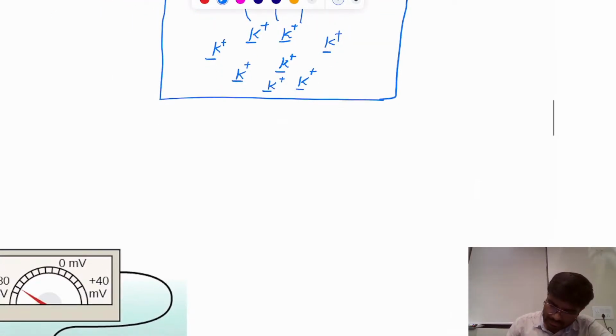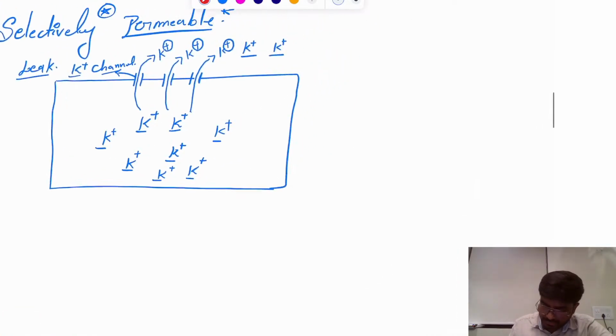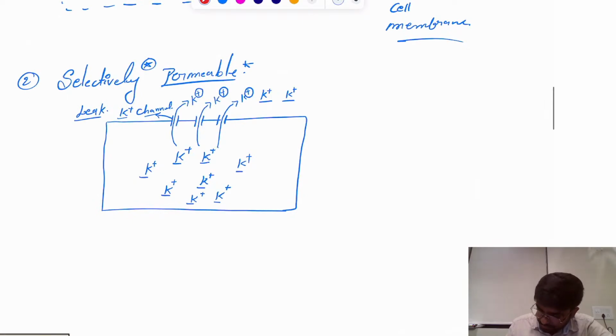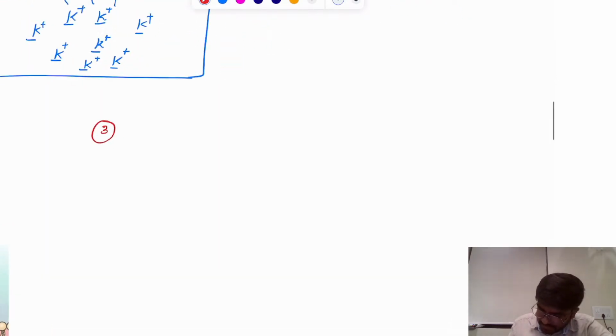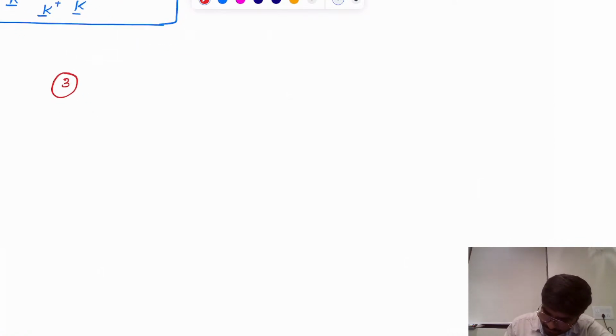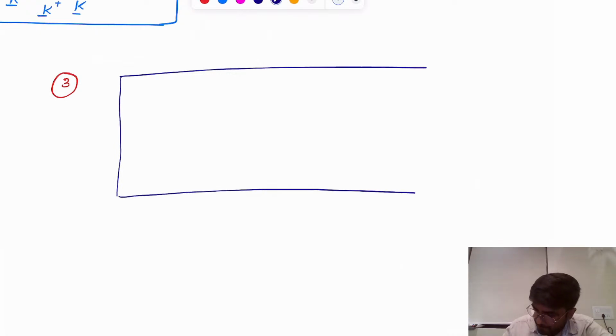Okay. Next, the third thing, let me tell you. Look here. The reason number three: this is a cell. On the surface of the cell, there is an important protein present.